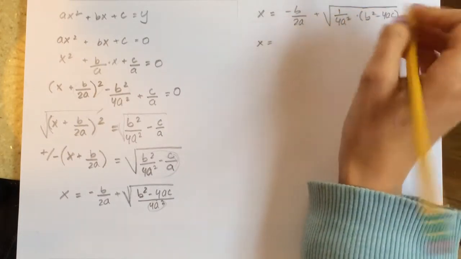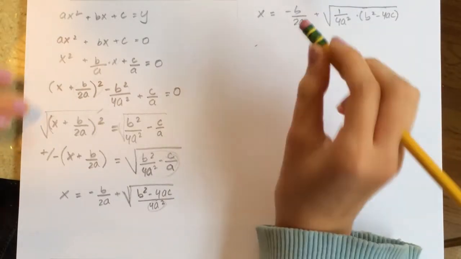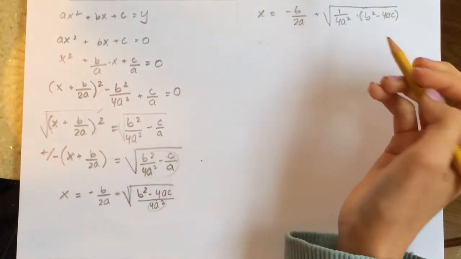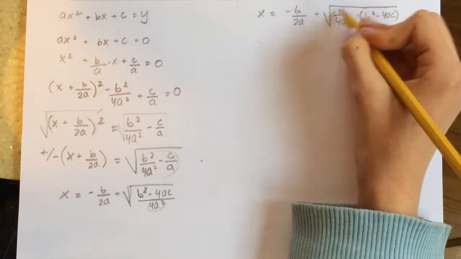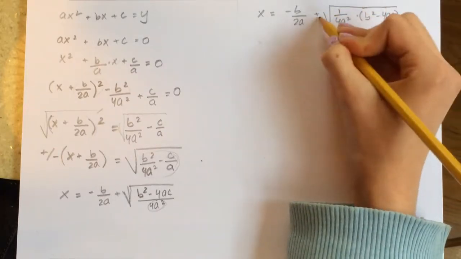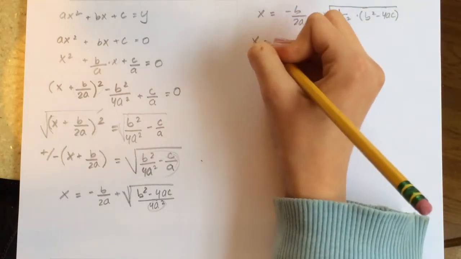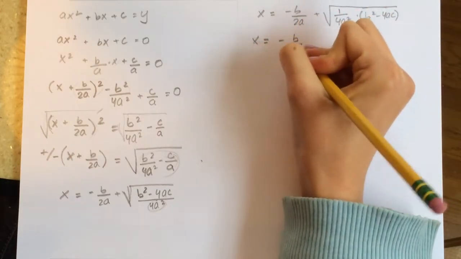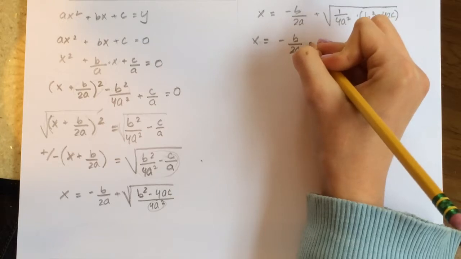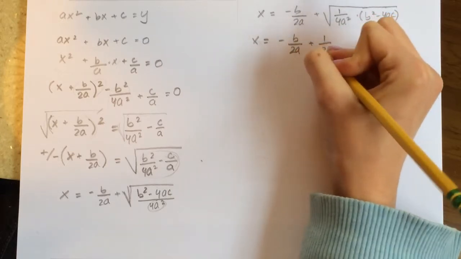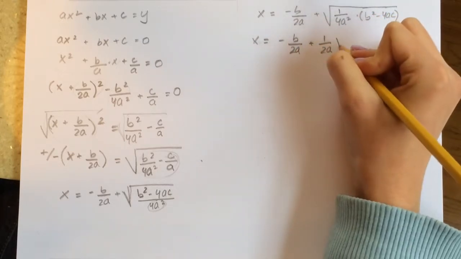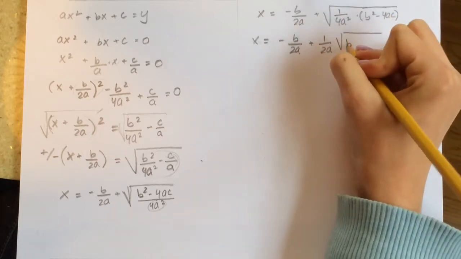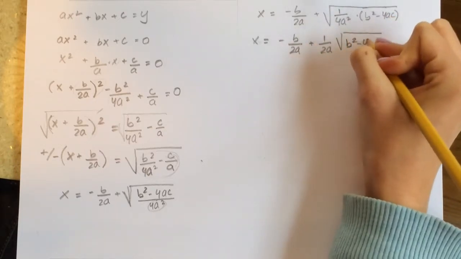And that's actually 1 divided by 2a, that whole thing squared. So what we can do now is take 1 divided by 2a and move it outside, and multiply it by this square root. So that would mean the same thing. And now it would be 1 divided by 2a multiplied by the square root of b squared minus 4ac.